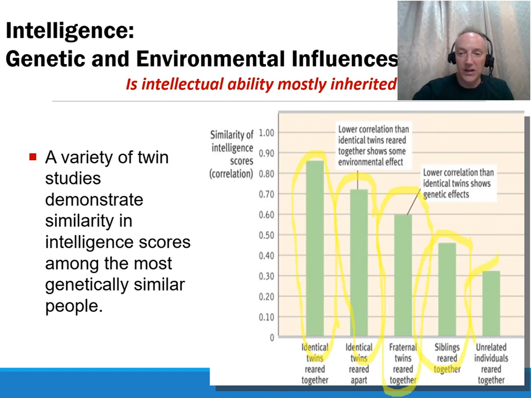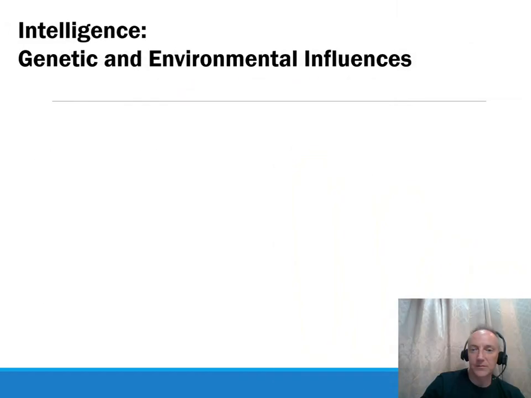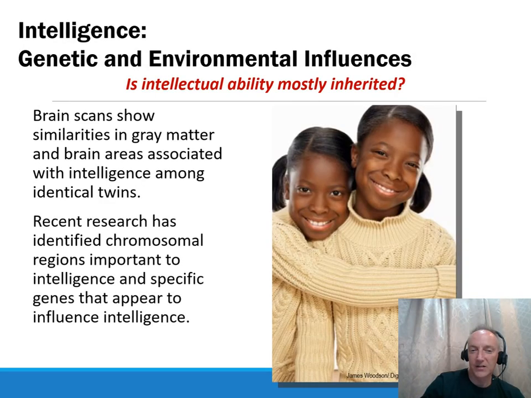And then looking at just two totally genetically unrelated people raised in the same environment. In that situation, we have a correlation of about 0.3. So studies like this show genes are part of the story.